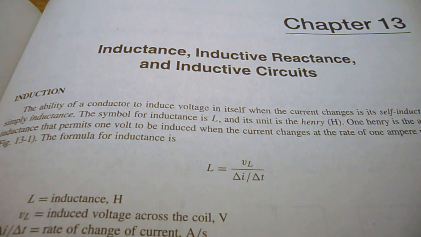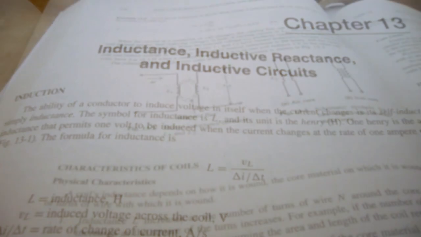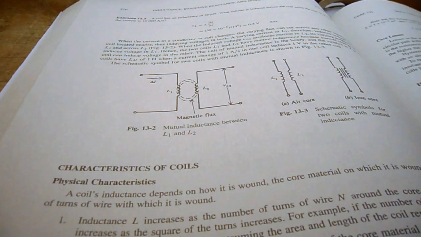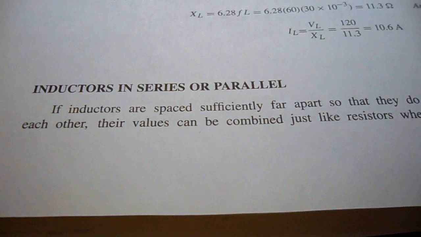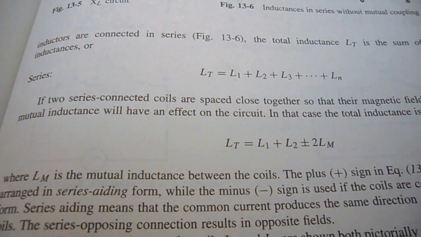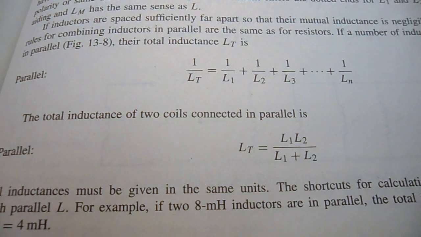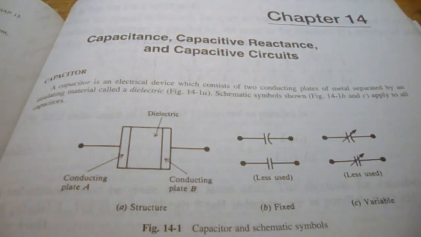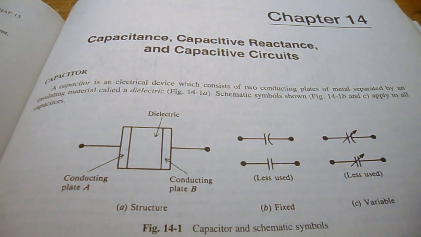Chapter 13 is all about inductance. It talks about characteristics of coils, and it has a section on inductors in series or parallel. So in series, coils add together, and in parallel, they add similar to resistors. Chapter 14 is all about capacitors.